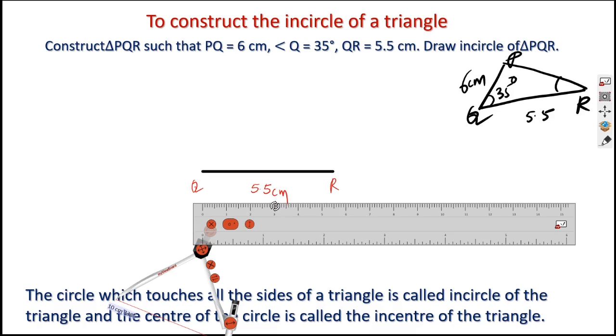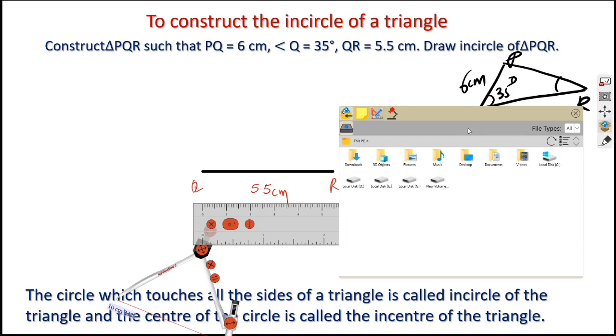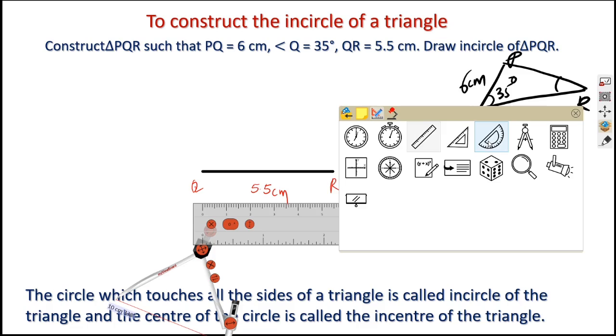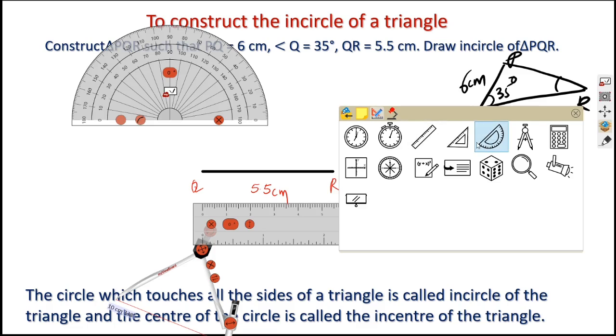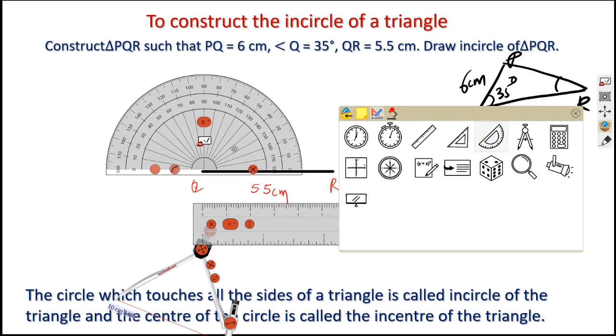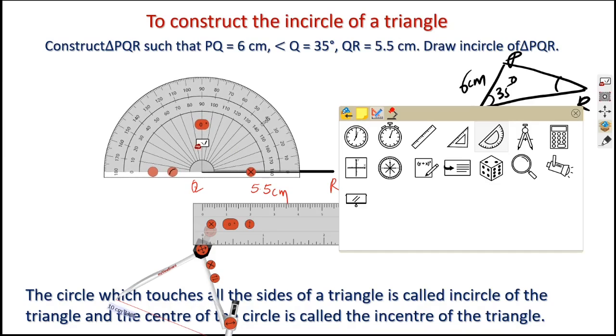Then I need a 35 degree angle. Chalo, I need protractor then. This is my protractor, and it is 35 degree from here. Tick.